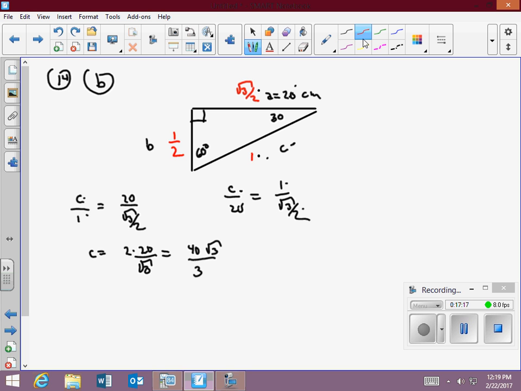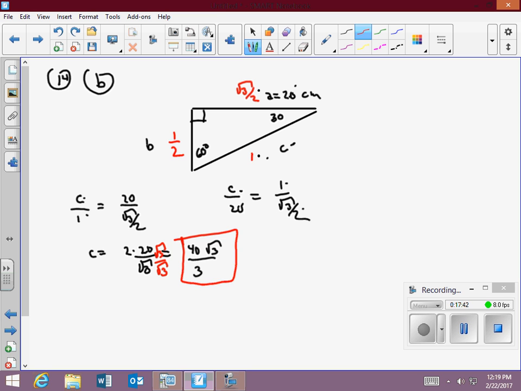And what I did was multiply by square root of 3 over square root of 3, right? So this would be the best answer to get. But you could multiply it out and get whatever value you felt appropriate.